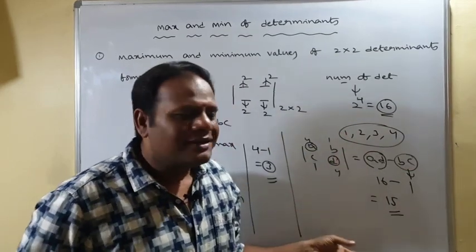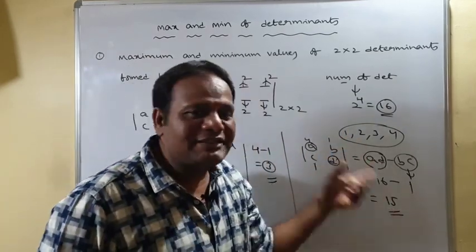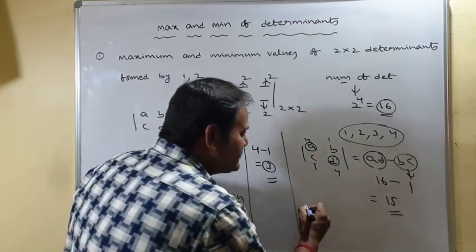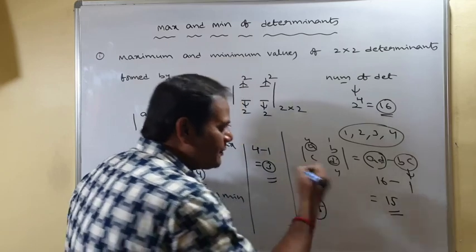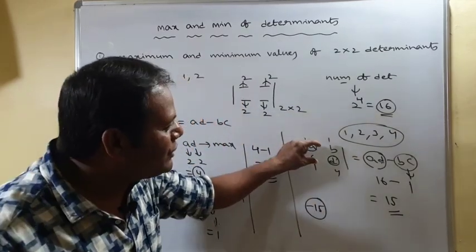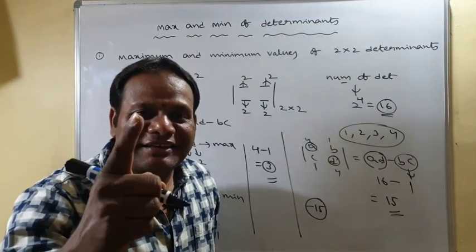Yes, the maximum value of the 2 by 2 determinants formed by the elements 1, 2, 3, 4 is 15. How to get the minimum? Suppose 15 is the maximum. Is it possible to get minus 15 as a determinant value? Yes. Why? Because if you interchange two rows, the determinant sign changes.